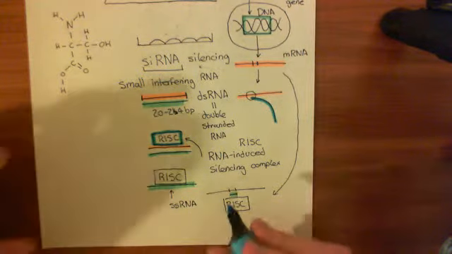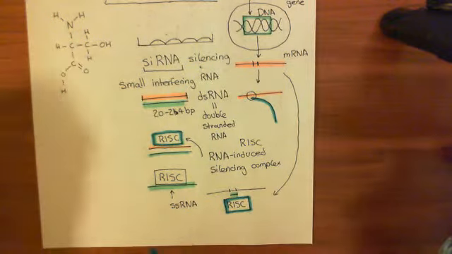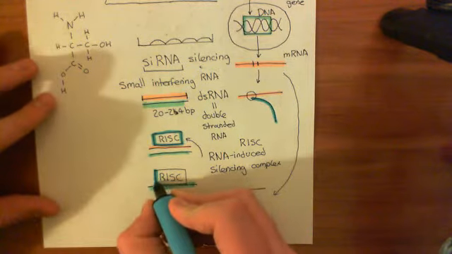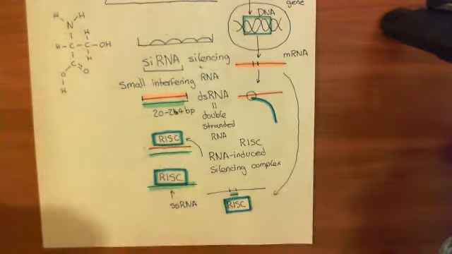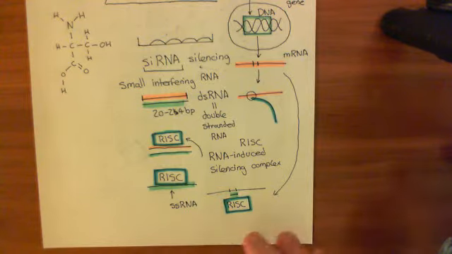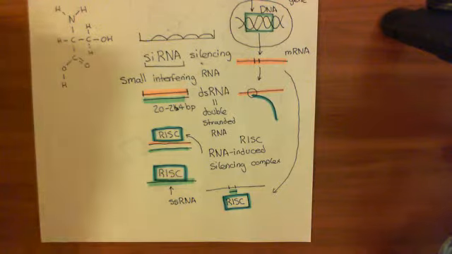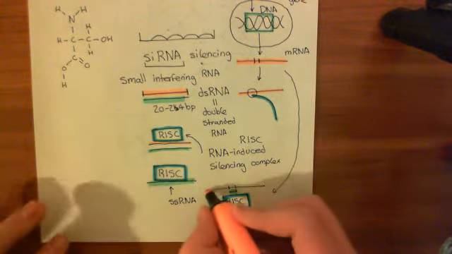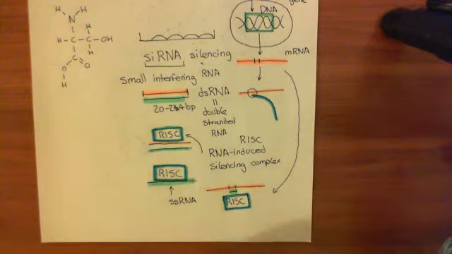And here is the RISC in blue. So overall, when you put in these siRNAs, they are broken down into single strands, and one of those single strands is complementary to a certain portion of the mRNA which codes for the PKAM1 protein.